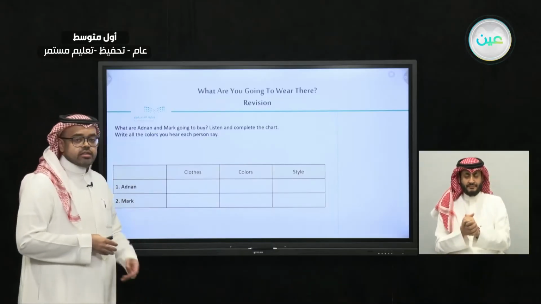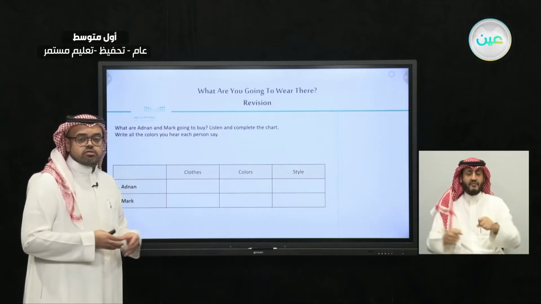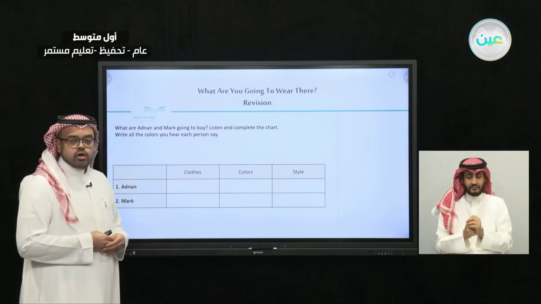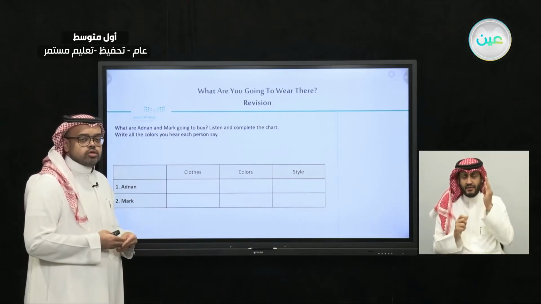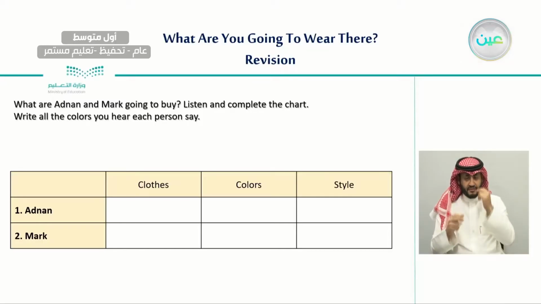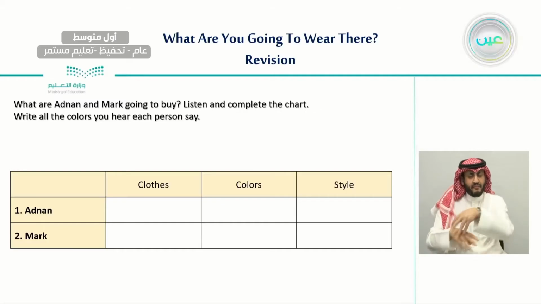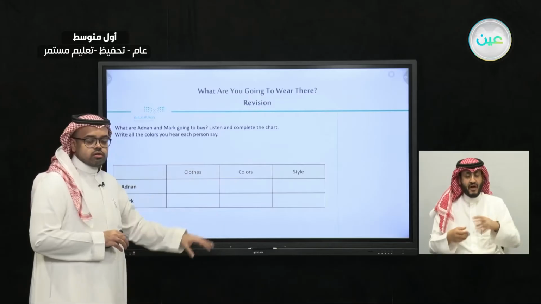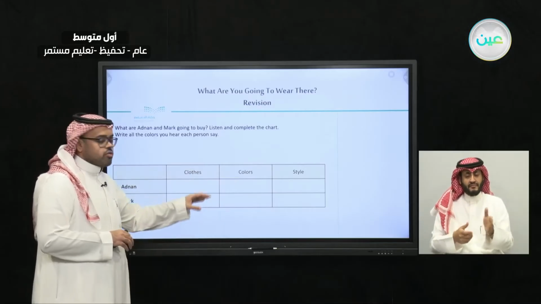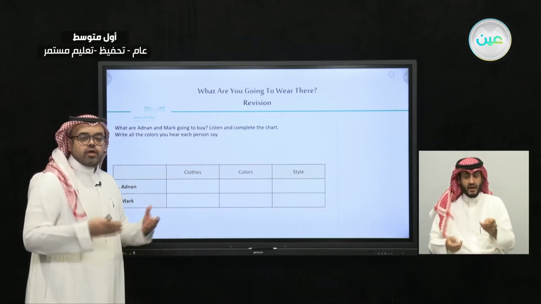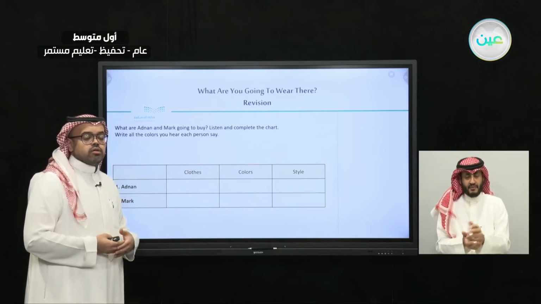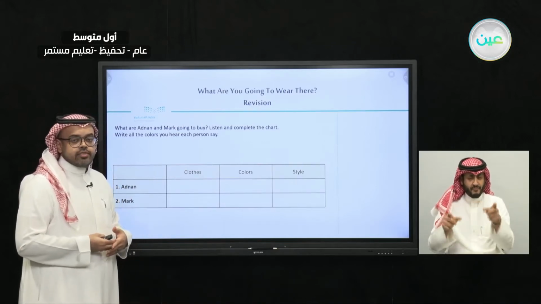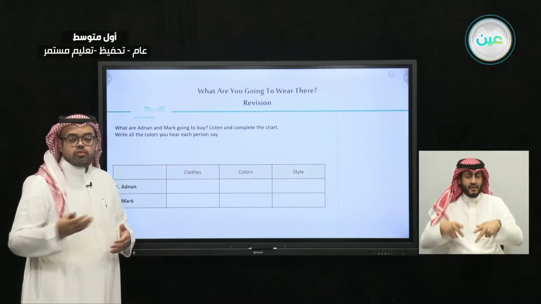Last lesson, we had an interesting listening exercise where we were supposed to listen to two men, Adnan and Mark, and write down the things they say about the clothes they're going to wear, the colors, and also the style. And we identified the differences between casual clothes and formal clothes.